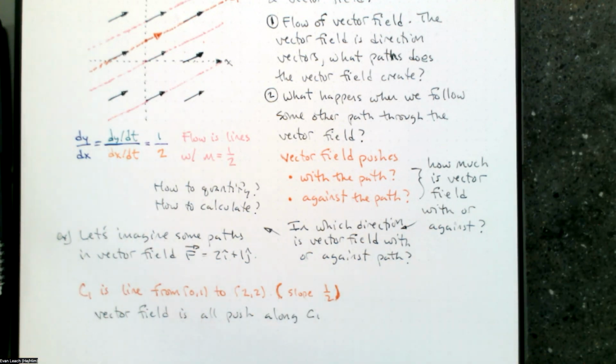The vector field is all push along C1. We're trying to walk this line with a slope of 1/2, and the vector field is just 100% pure tailwind.